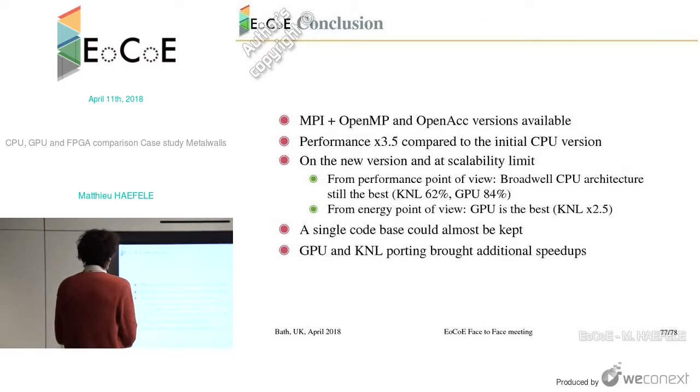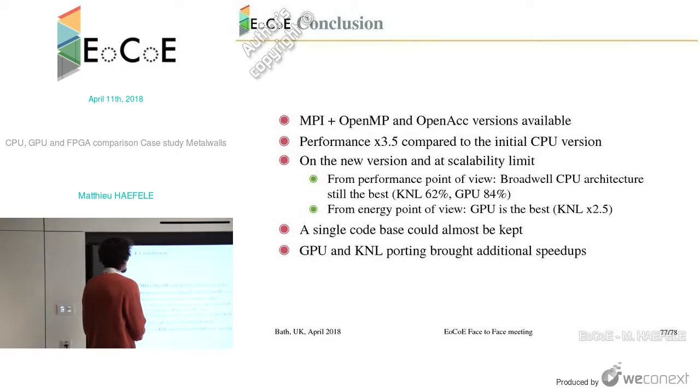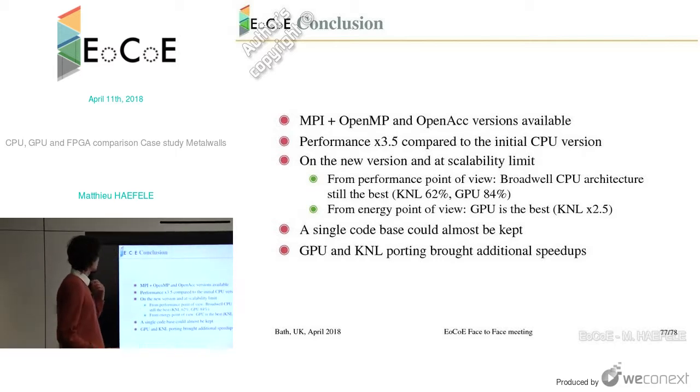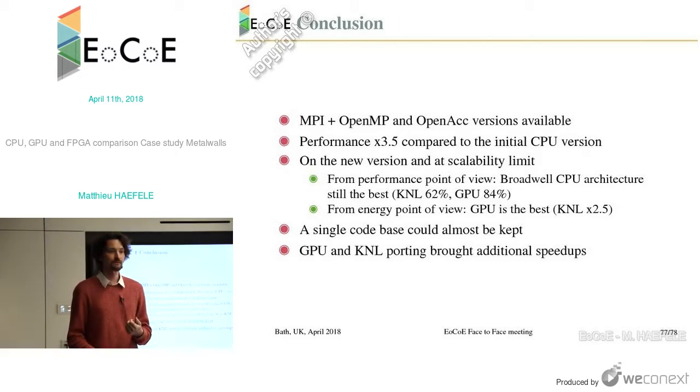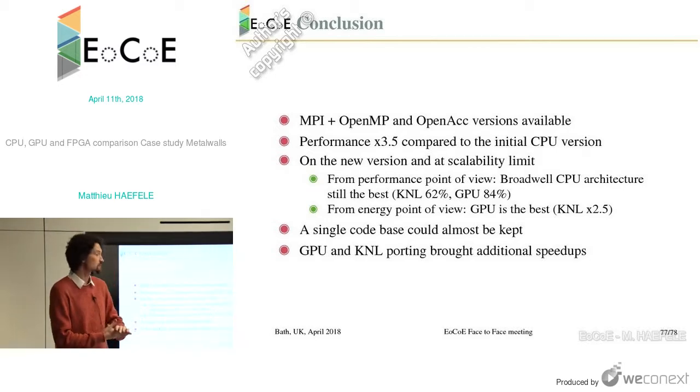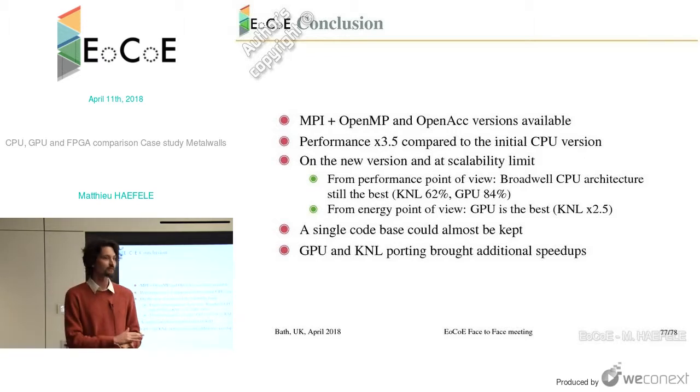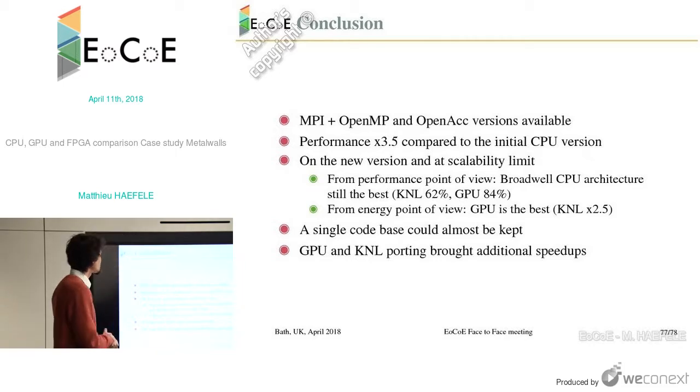Right, so I'm at the conclusion. Thanks to the work in ECHO, we have MPI plus OpenMP and MPI plus OpenACC implementations of Metalwalls. Performance has been improved by a factor of 3.5 compared to the initial version, which is quite nice.